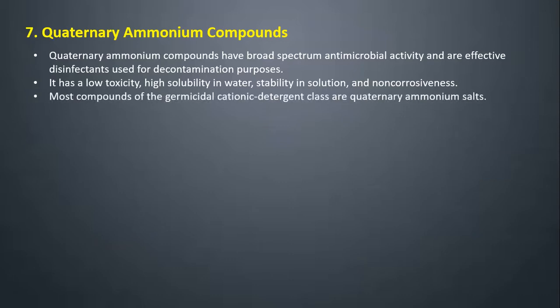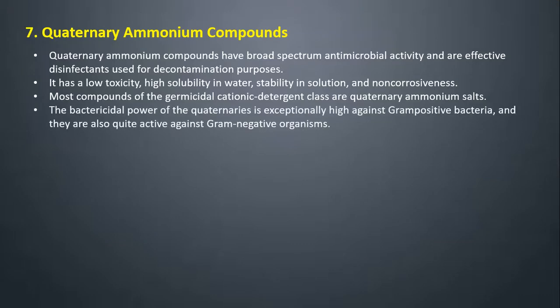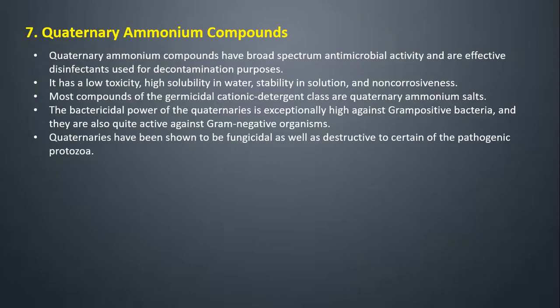Most compounds of the germicidal cationic detergent class are quaternary ammonium salts. The bactericidal power of the quaternaries is exceptionally high against gram-positive bacteria, and they are also quite active against gram-negative organisms. Quaternaries have been shown to be fungicidal as well as destructive to certain of the pathogenic protozoa.